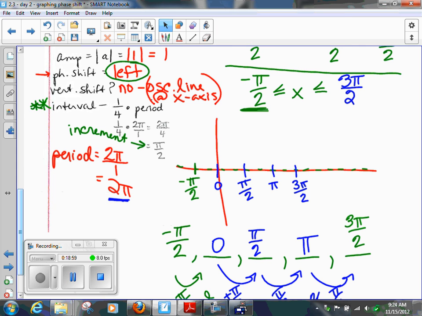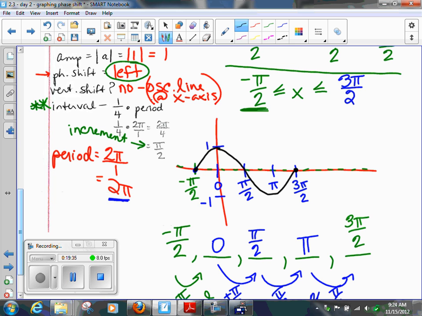All right, now, here's something else you need to do. You need to label your y-axis as well. Because my curve, and folks, be very meticulous about this. Be very, very particular. It has to go up and start curving downward at the 0. It has to come through pi over 2, down here at pi, and then back up at 3 pi over 2.